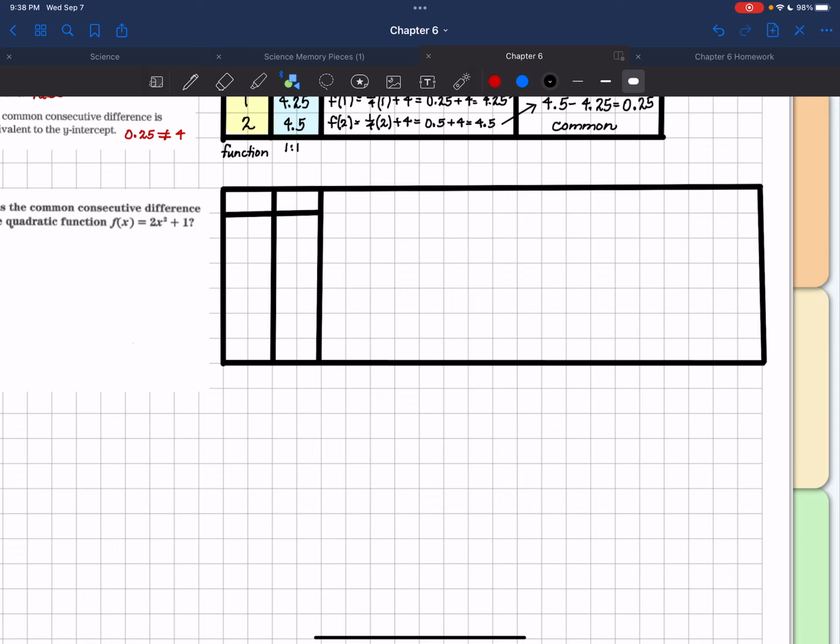But okay, x's and y's. Let's do f of x as well. So we have x and y. And then, of course, x doesn't change, but y is also known as f of x. And the function in question is quadratic, according to what they're telling me.